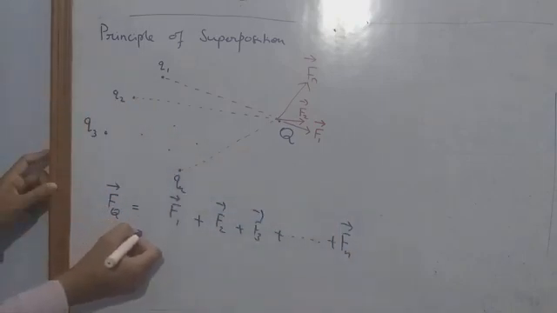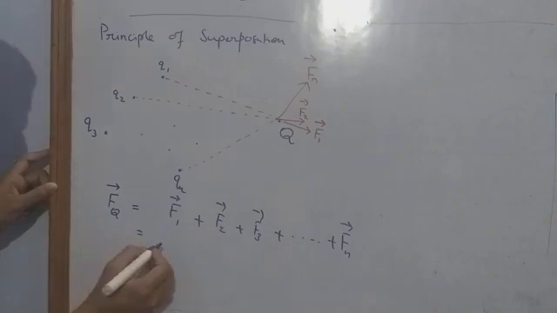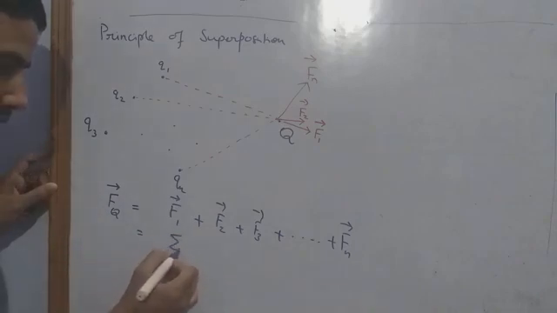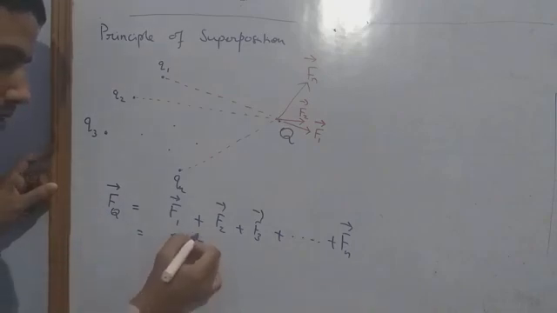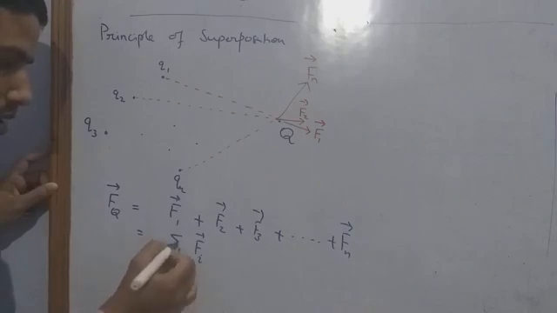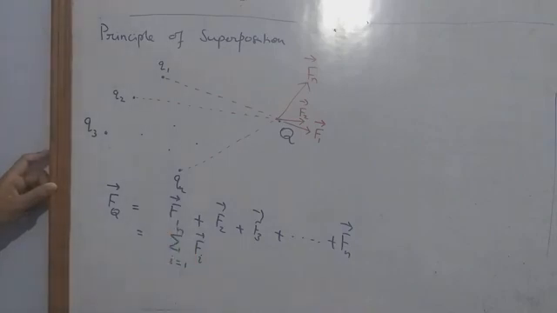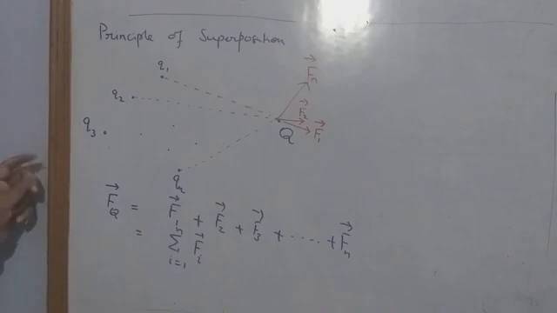This we can write in the form of summation as summation Fi vector, where i runs from 1 to n. So this is the mathematical formulation for the principle of superposition.